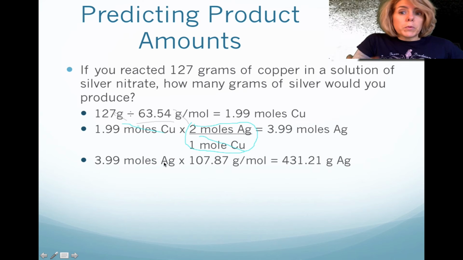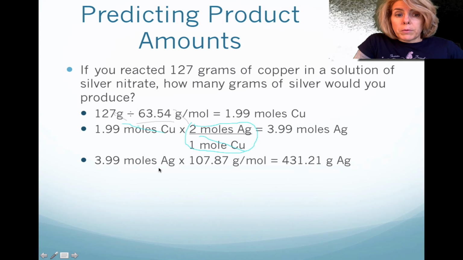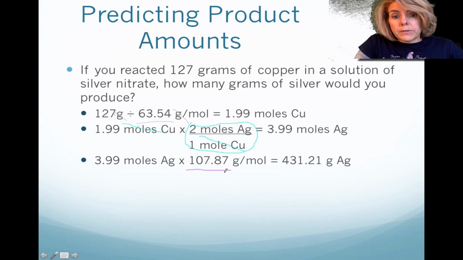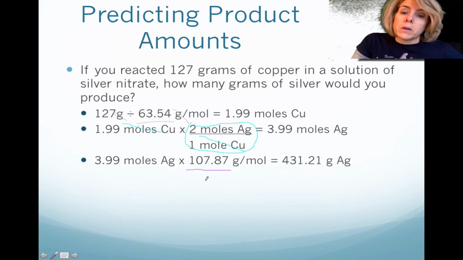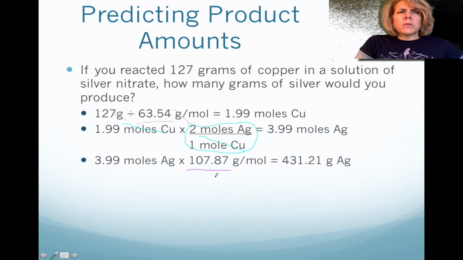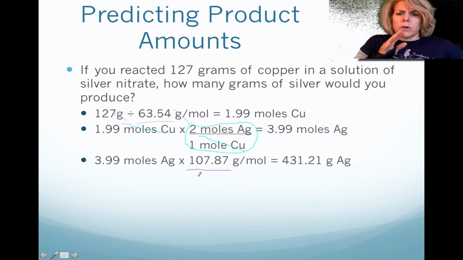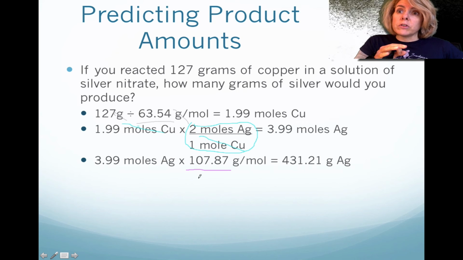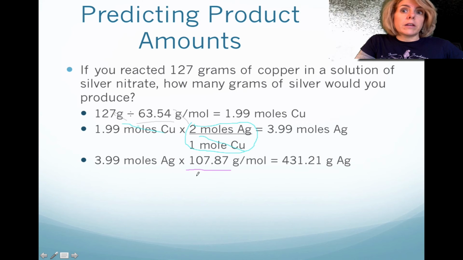Now we're not done because we want to know the mass of silver. So notice that we take the moles of silver that we got from the last equation, and all we do is we multiply it by the molar mass of silver, and that's 107.87 grams. So that our final product mass is 431.21 grams. So please remember, with mole ratio, we're talking about taking the coefficients in front of each and just creating a fraction. That's all we're doing.